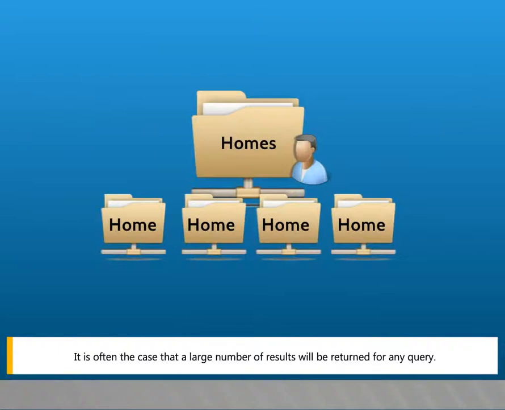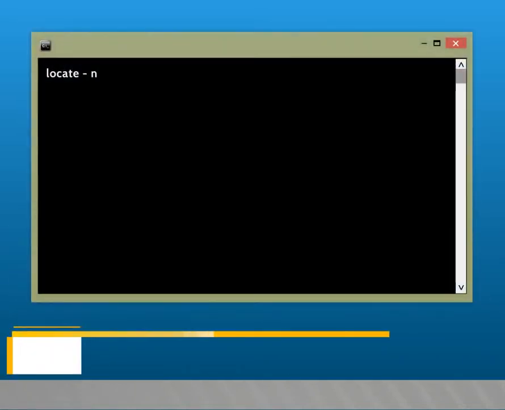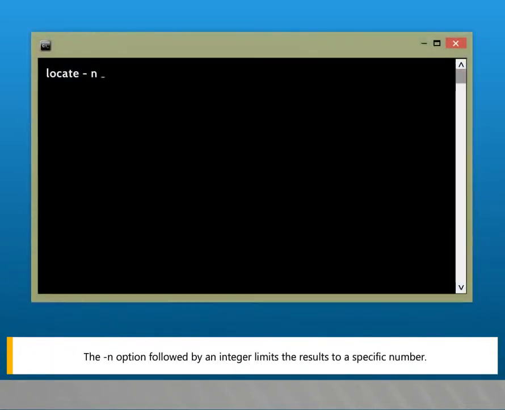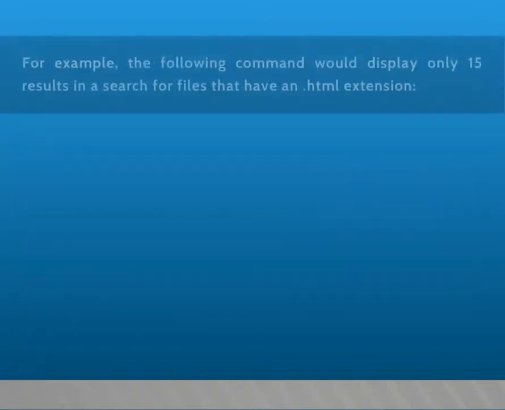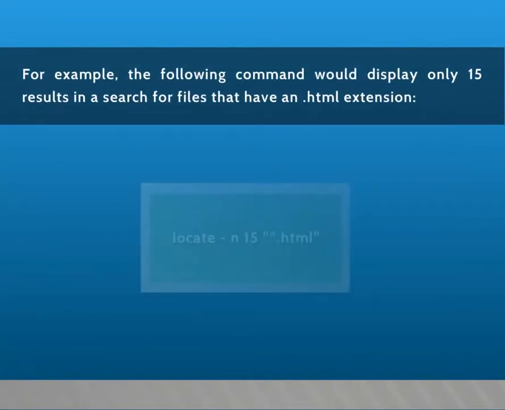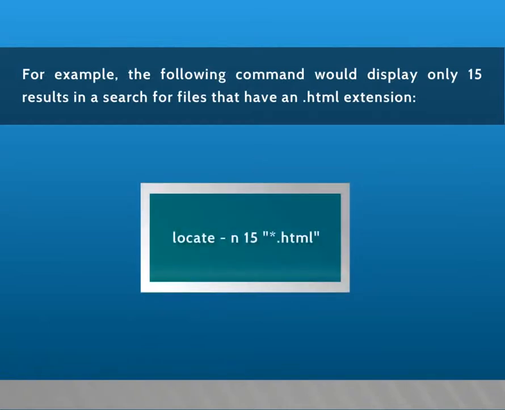It is often the case that a large number of results will be returned for any query. The n option followed by an integer limits the results to a specific number. For example, the following command would display only 15 results in a search for files that have an .html extension.